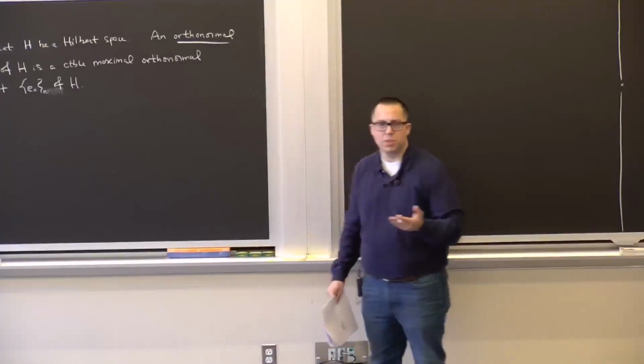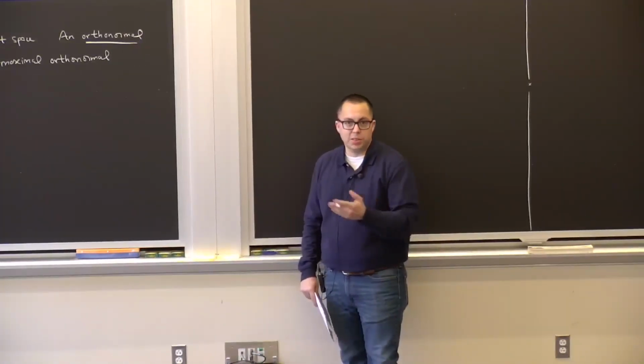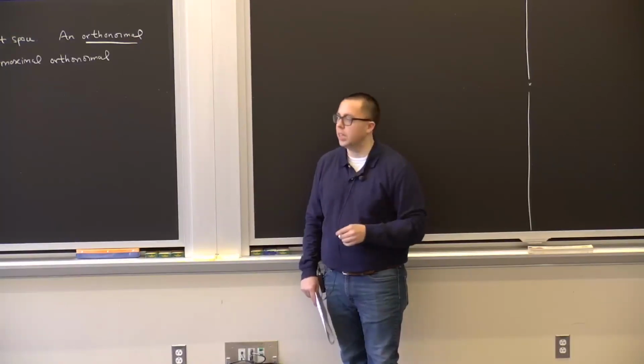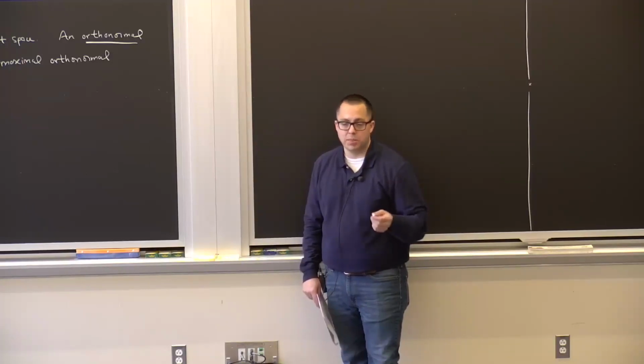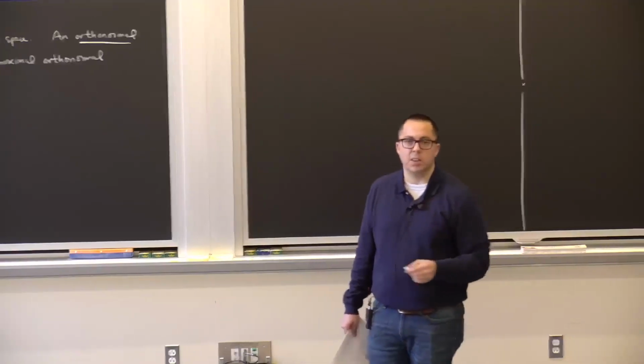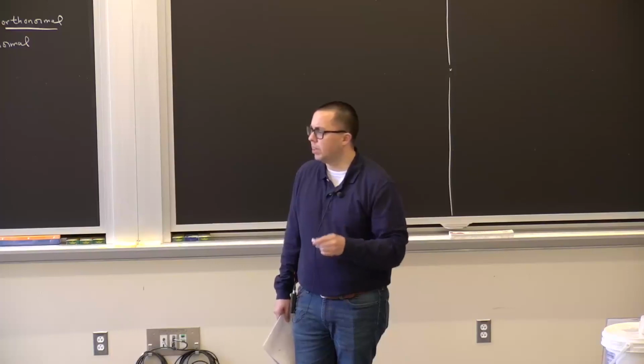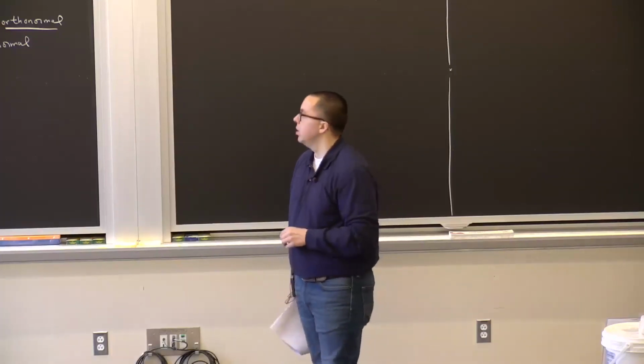A basis is supposed to be something where you can write every vector in the space as some sort of linear combination of the elements of the basis, right? Now, we dealt with Hamel bases, where you can write every element as a finite linear combination of the elements in this subset.